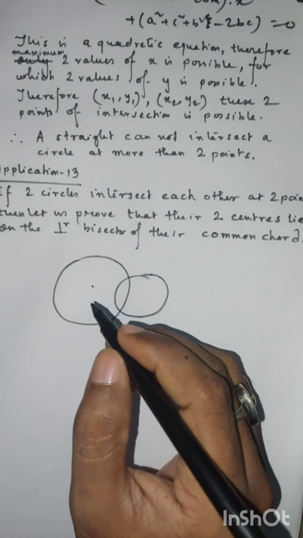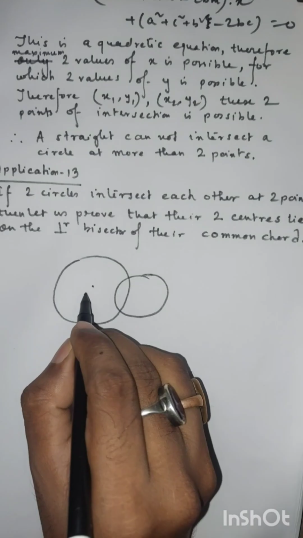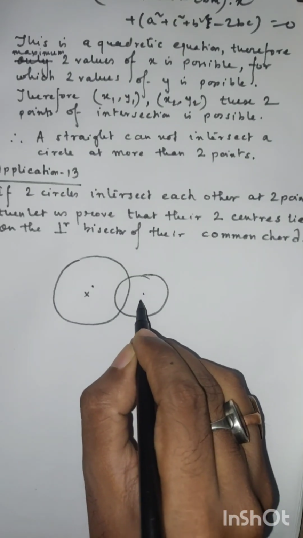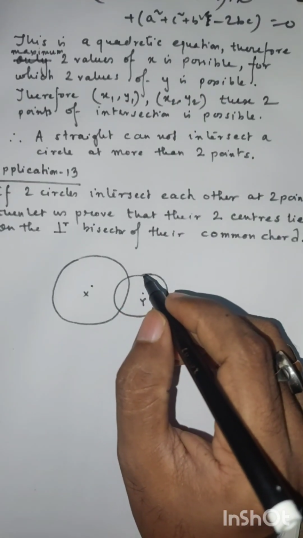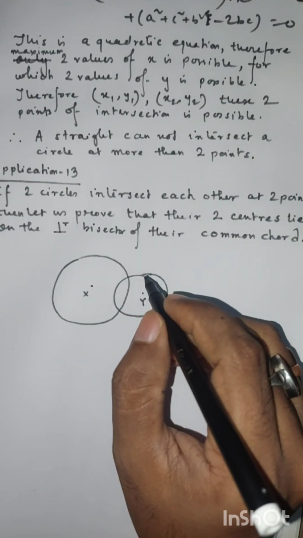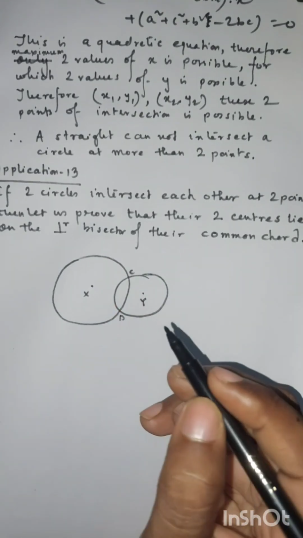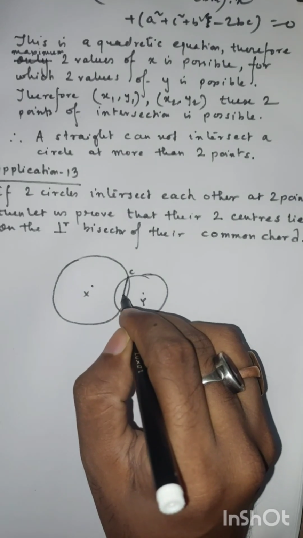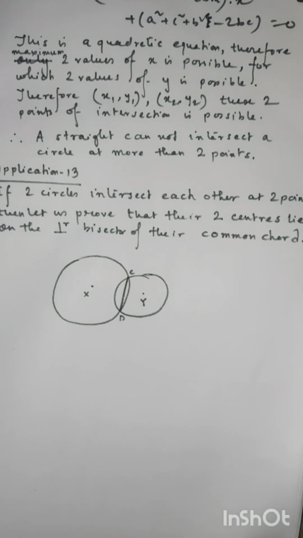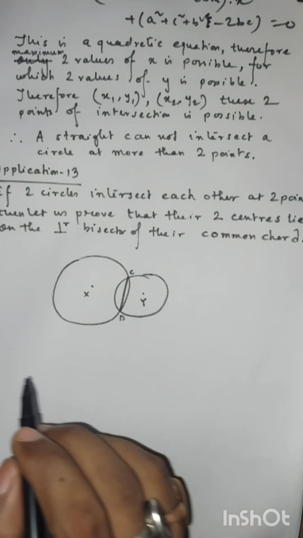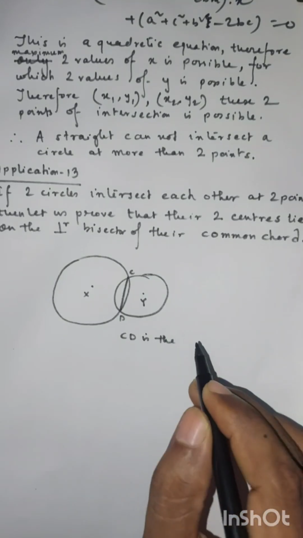This is the first circle with center x, and this is the second circle with center y, and these are the points of intersection. Let us assume this is point C and this is point D. So CD is the common chord.